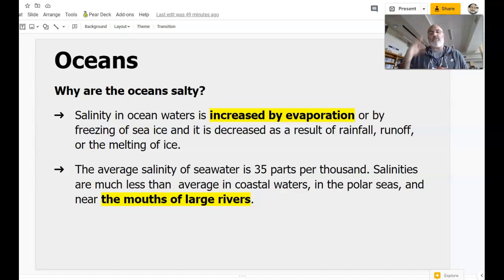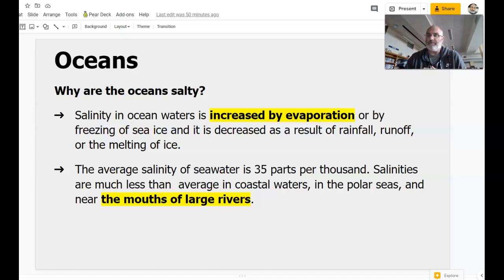If there are high rates of evaporation, or if there's lots of ice freezing in any particular area, that will increase the amount of salt that's in the water. Okay, so if water evaporates, the salt's left behind, and now you've got more salt trapped in the water. If water freezes, the salt's left behind, and now you've got an increased salt content in the water.